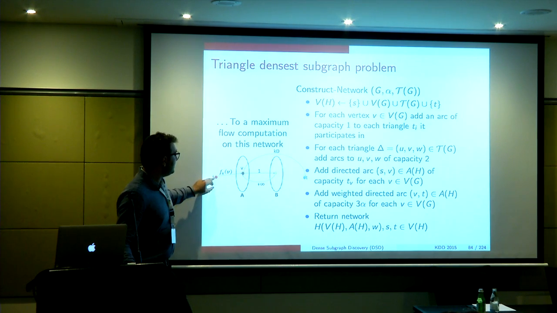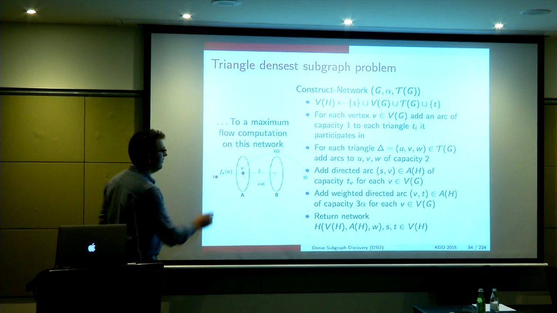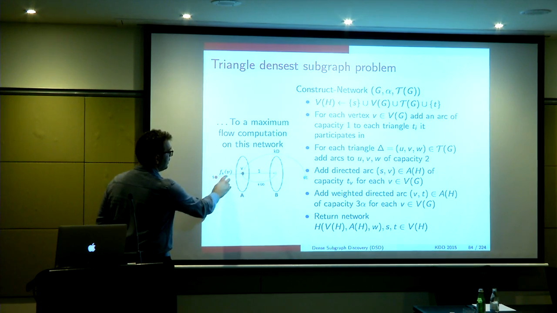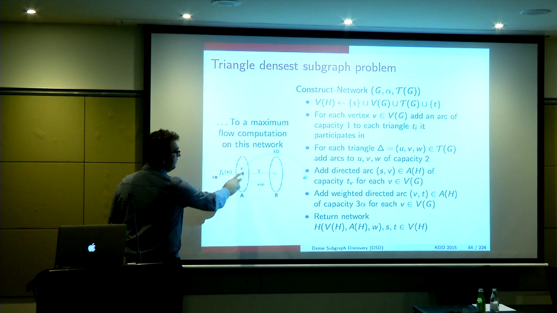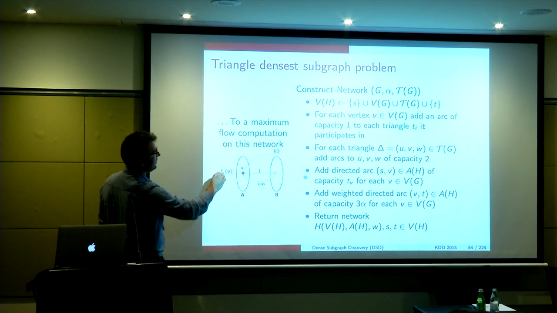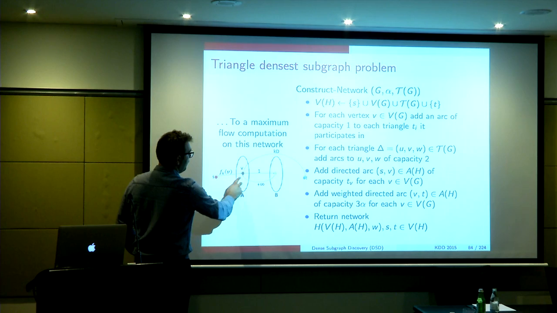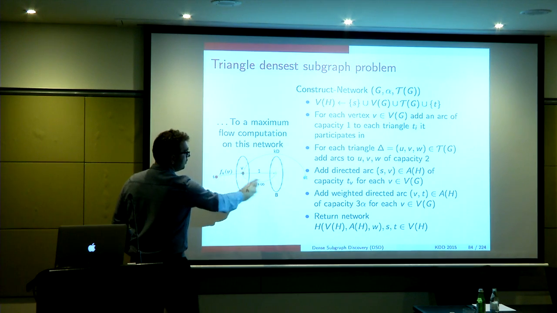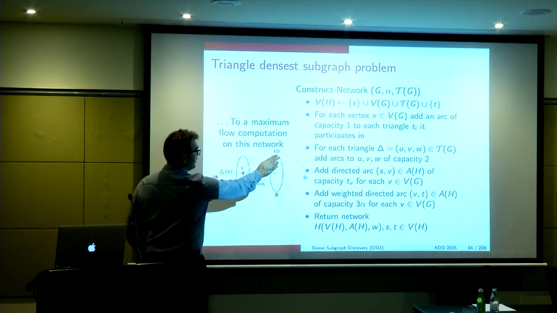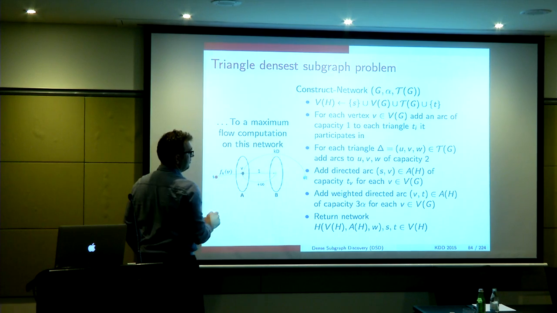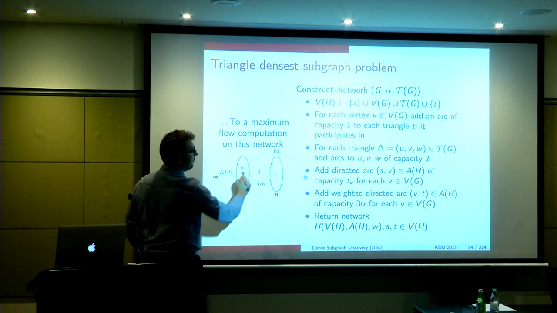So from S to V, I'm going to have an arc of capacity equal to the number of triangles that V participates in. So this is shown for the k-clique DSP. From V to the sink T, we're going to have an arc of capacity k times alpha. Actually, this is supposed to be alpha.